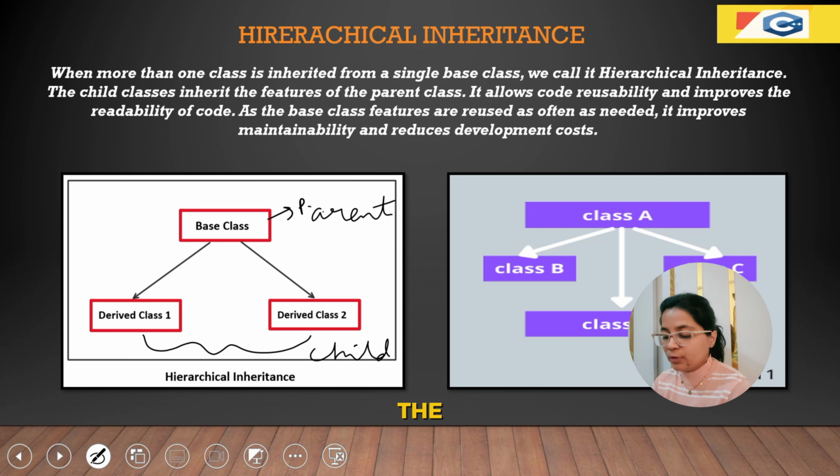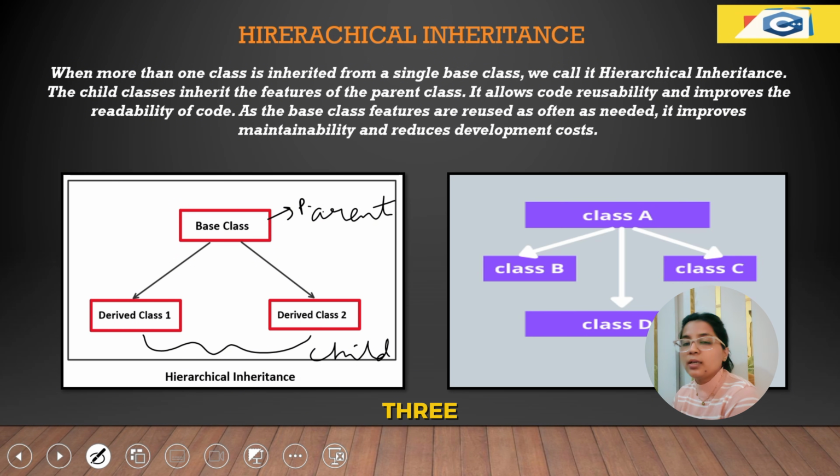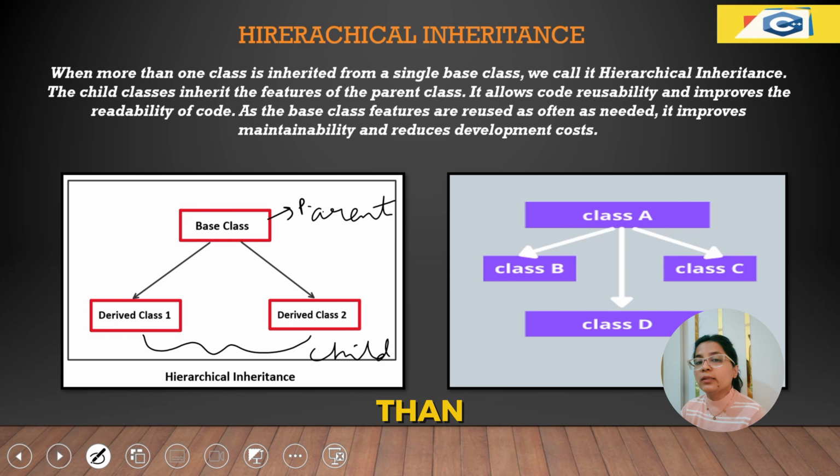In the first image you can see we have two derived classes. In the second image there are three derived classes. There can be more than 3, more than 4, but there has to be only one parent class and multiple derived classes.